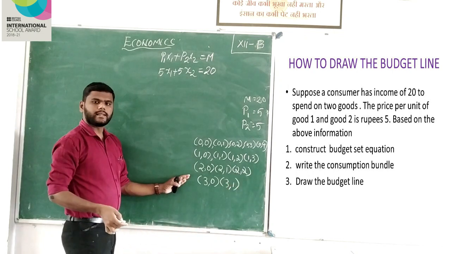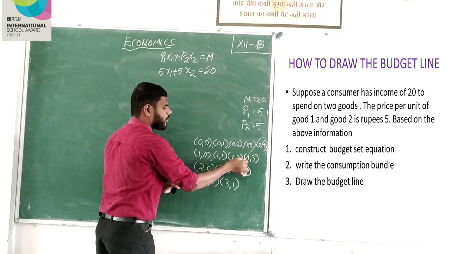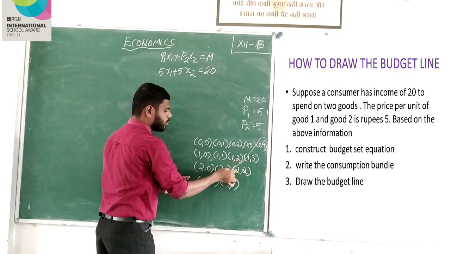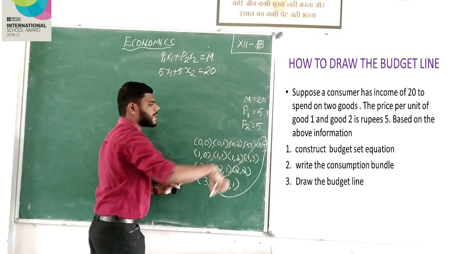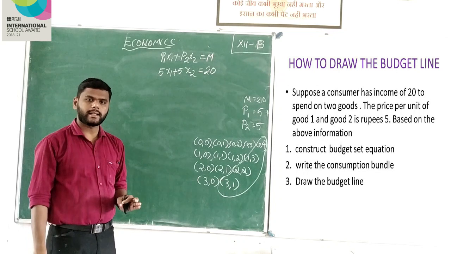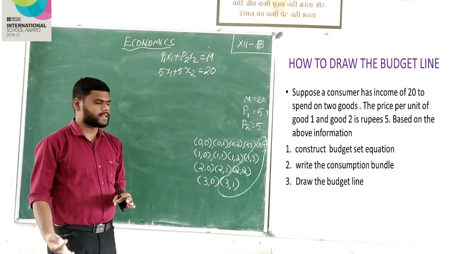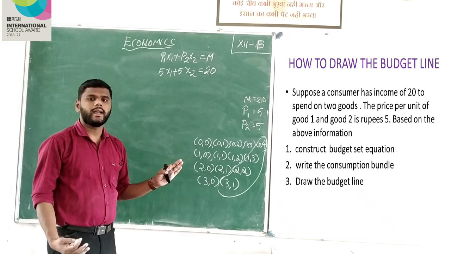And we discussed in the last class that 0, 4, 1, 3, 2, 2, and 3, 1 are the bundles that are exactly equal to the income of a consumer. The other bundles are less than the income of a consumer.